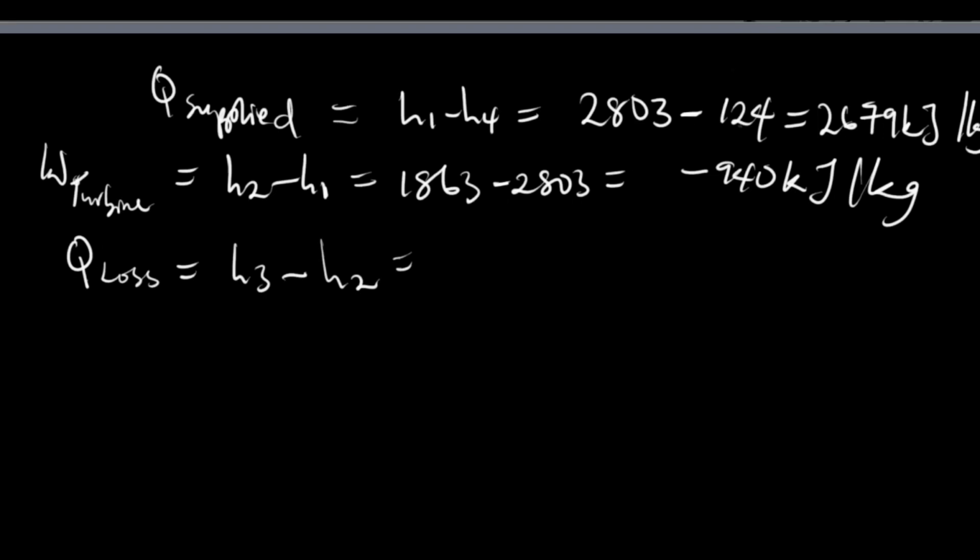H3 was 121, so 121 minus H2, which is 1863.